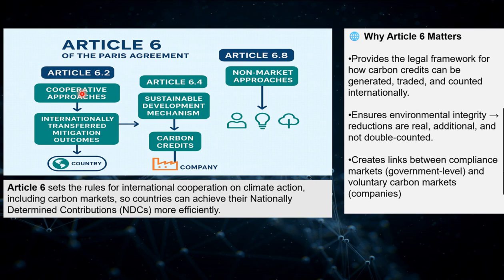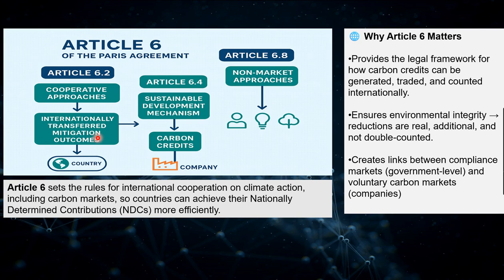talks about cooperative approaches and internationally transferred mitigation outcomes, which means if a mitigation activity or reduction project is happening somewhere in Africa and carbon credits are generated and verified, right, they're generated in the registry. Then a company from the US can purchase the carbon credit.